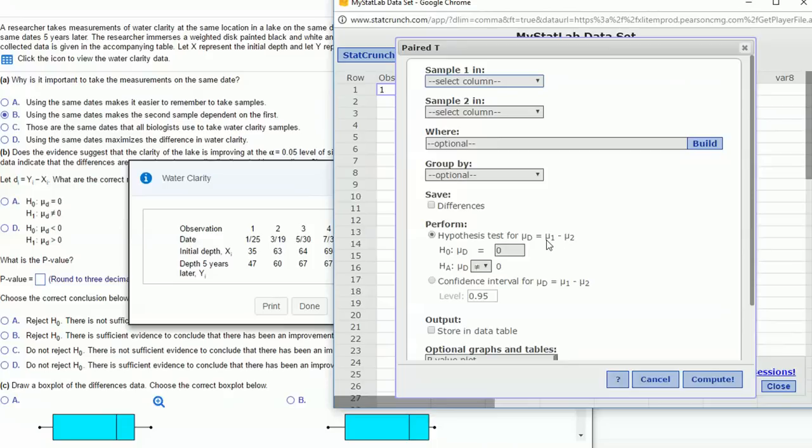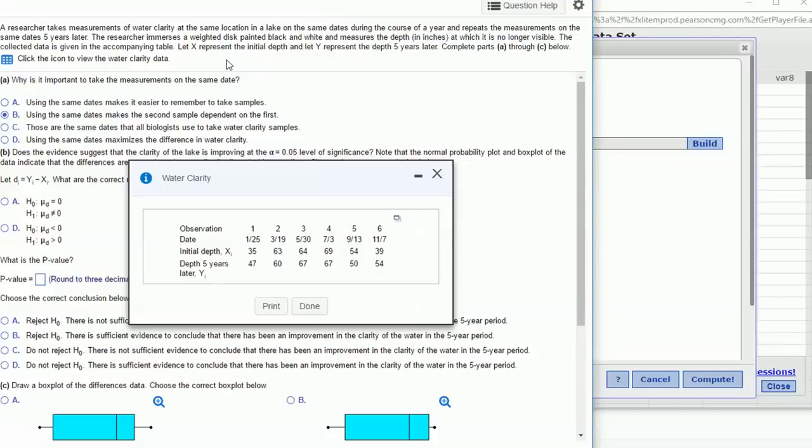So sample 1 should be the after, sample 2 should be before. Sample 1 is after 5 years, sample 2 is the initial. I don't need to save the differences. I'm just going to do a hypothesis test where the mean of the differences equals 0 for the null, and the alternative... what are the researchers interested in?